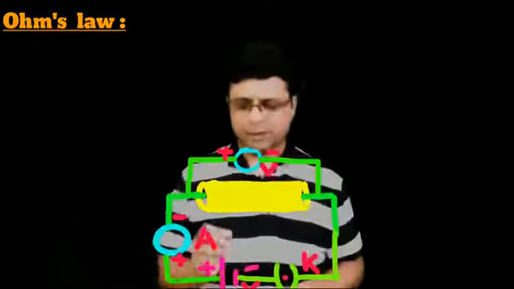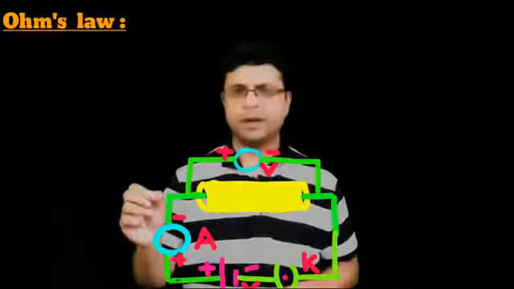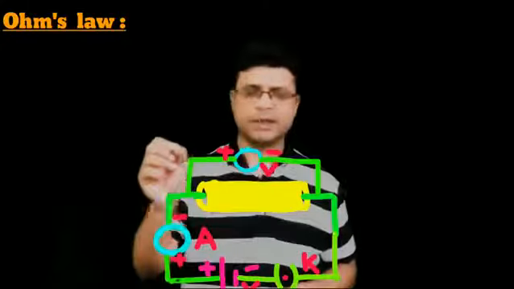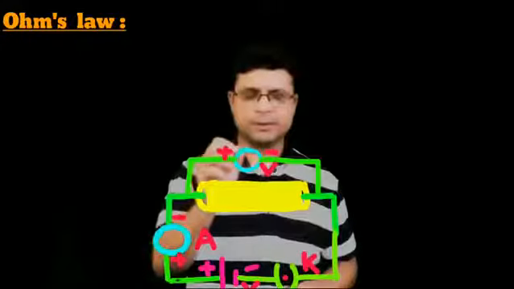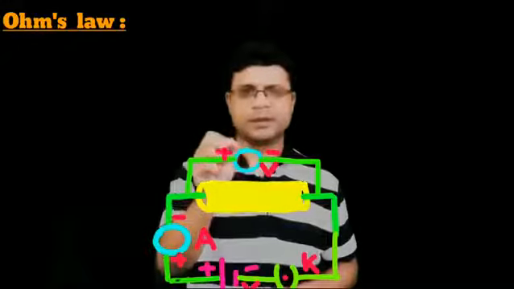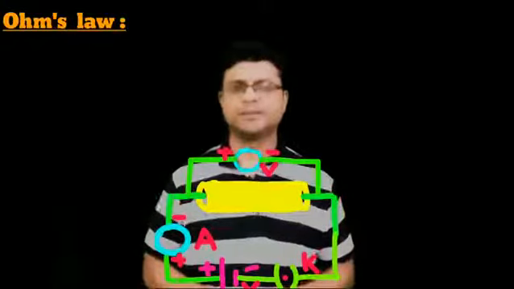The positive terminal of the battery is connected to the positive end of the ammeter, and the negative end is connected to the conductor and to the positive terminal of the voltmeter. This is the connection, and a key is also put here.